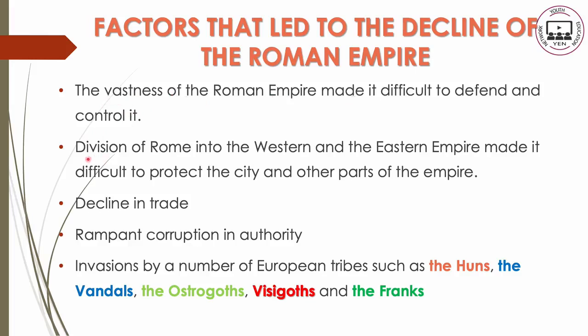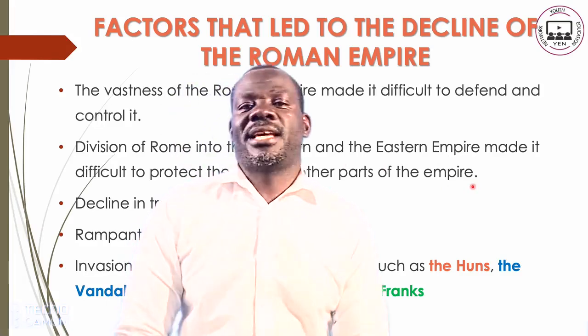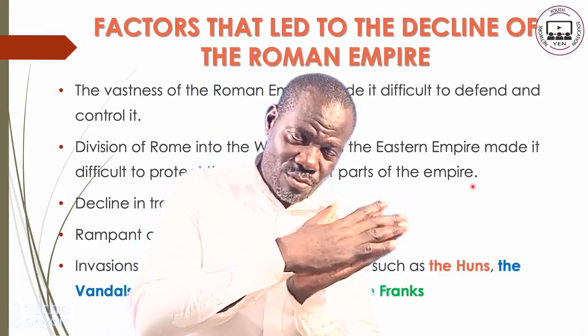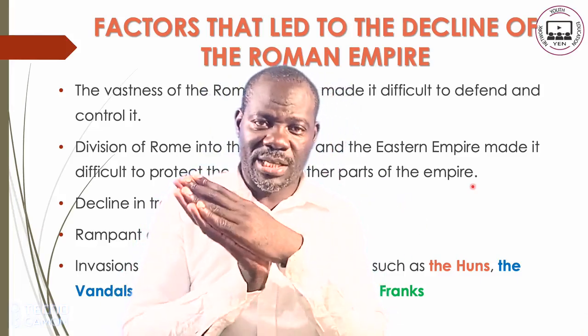Another factor is that the division of Rome into Western and Eastern Empire made it difficult to protect the city and the other parts of the empire. So Rome was divided into the Eastern Empire and the Western Empire.